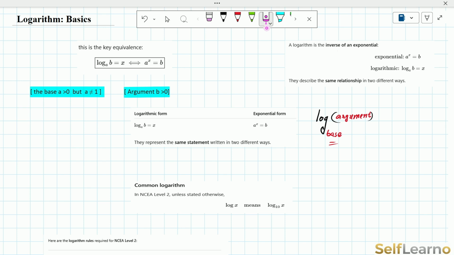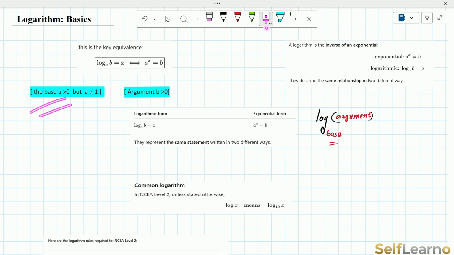Now there are some limitations over here that you must remember. This argument must be a positive number. And this base must be positive but must not be 1. 0.4 is accepted, fine, but this base cannot have the value 1.